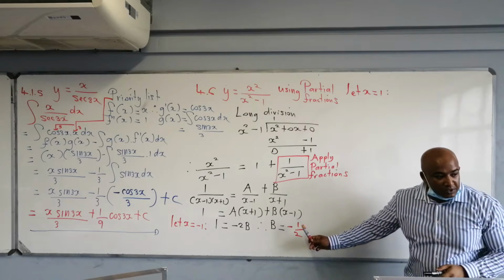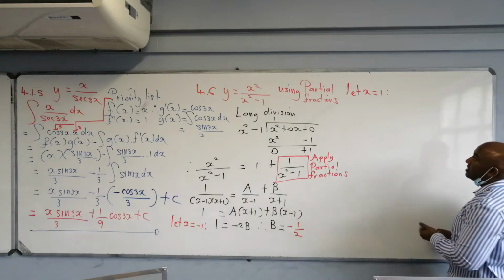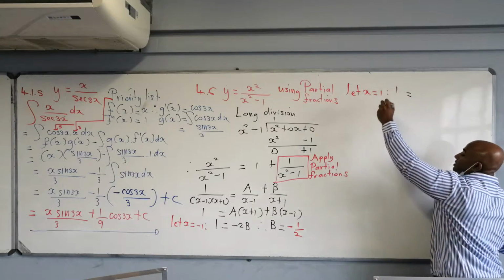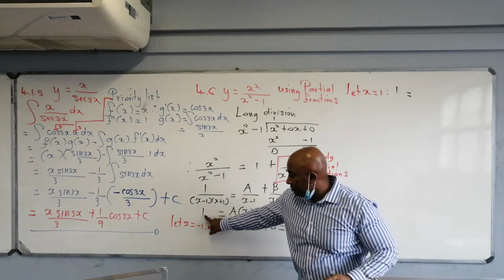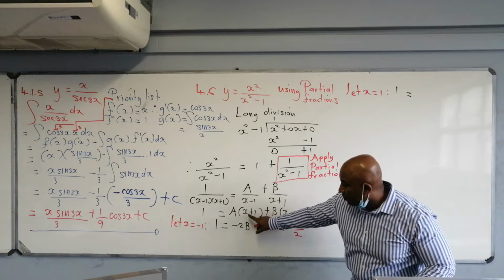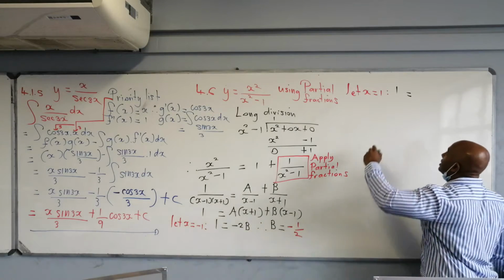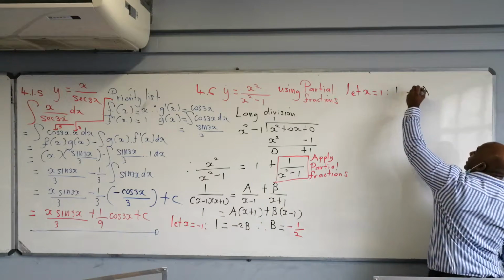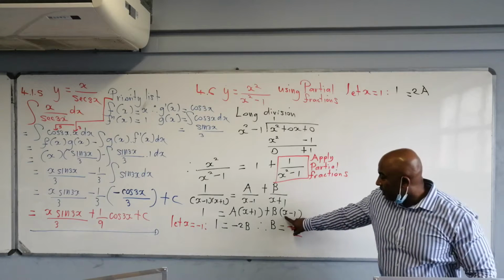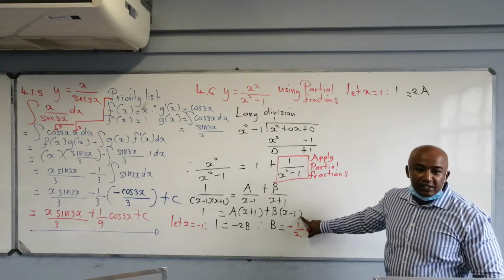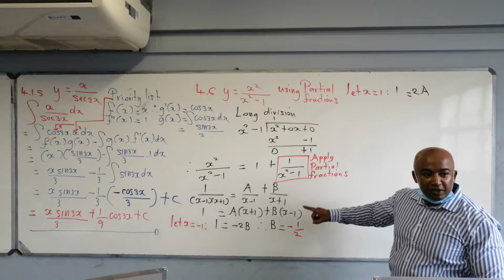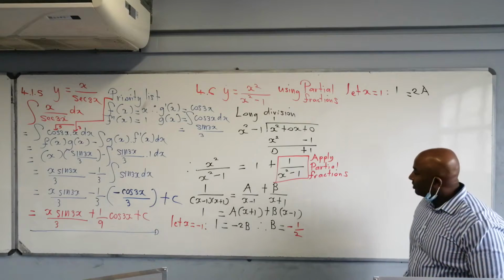My next substitution, I'm going to let x equal to 1 this time. So on the left hand side I have 1. On the right hand side 1 plus 1 will be 2 times a, which is 2a. And here 1 minus 1 is 0. That's why I let x equal to 1, because I want a 0.